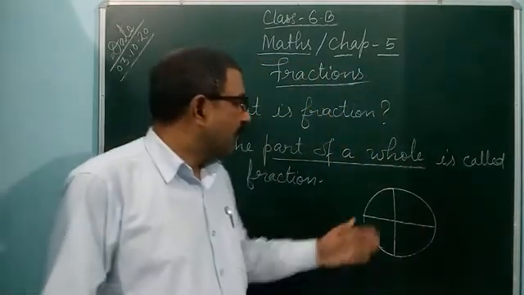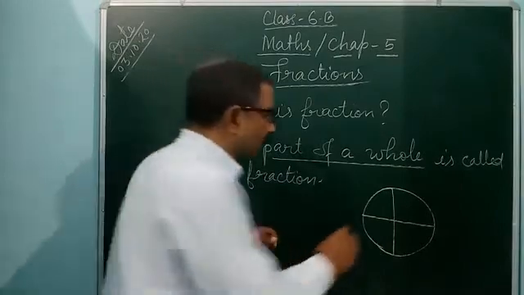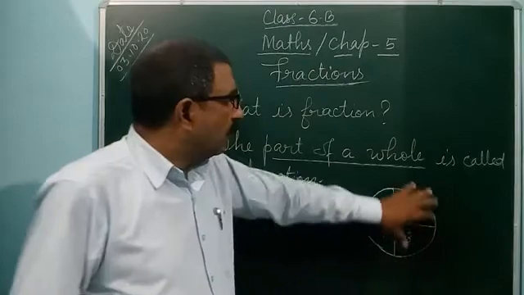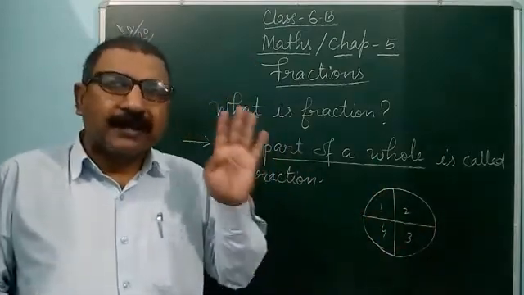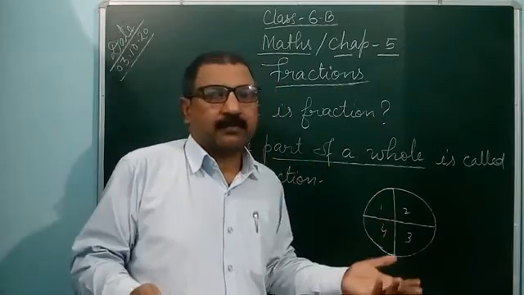You can see 1, 2, 3 and 4. So one whole circle has been divided into 4 equal parts. It means per part shows a fraction.